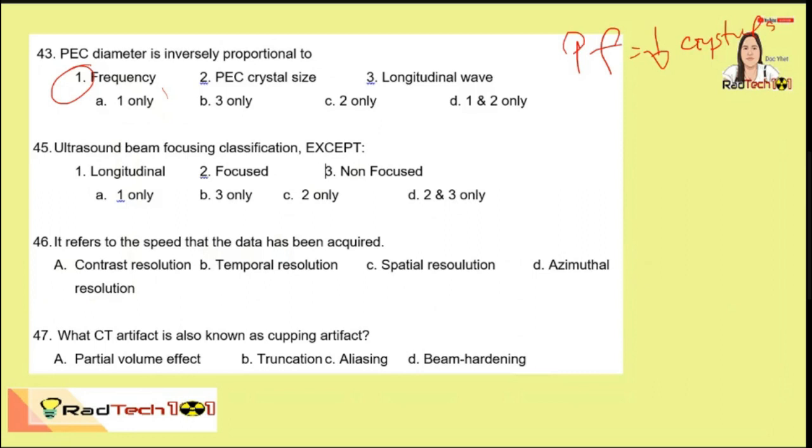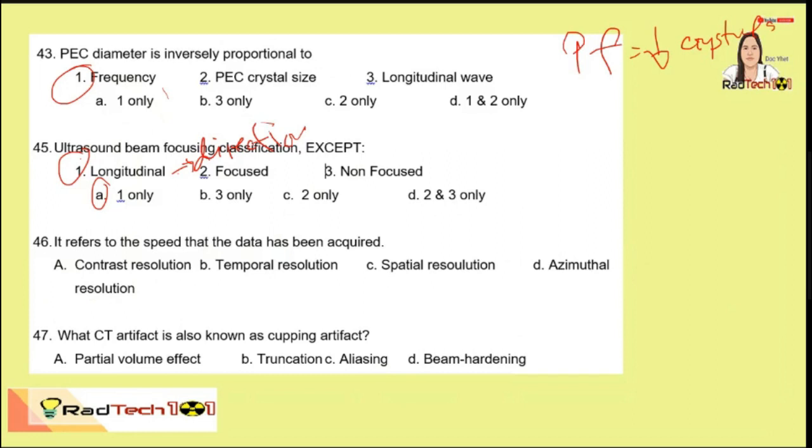45, ultrasound beam focusing classification except longitudinal. So it is not classified as beam focusing technique because when we talk about longitudinal, it refers to the direction. So it is not a beam focusing classification, but it describes the direction of the sound waves or the beam. 46.